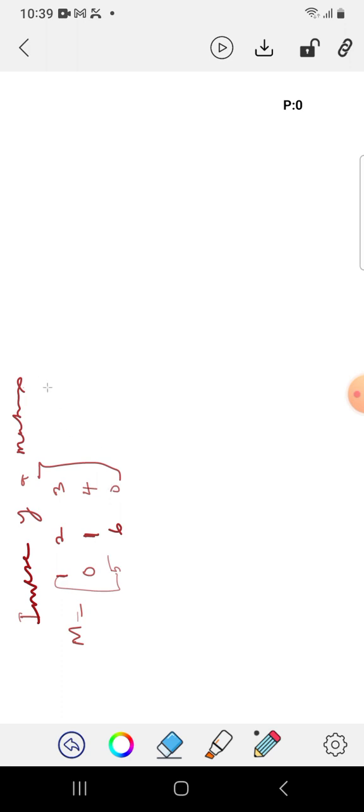So find the inverse of A. It's not difficult, but you have to be very careful with it. Of course, there are calculators that will find it for you.